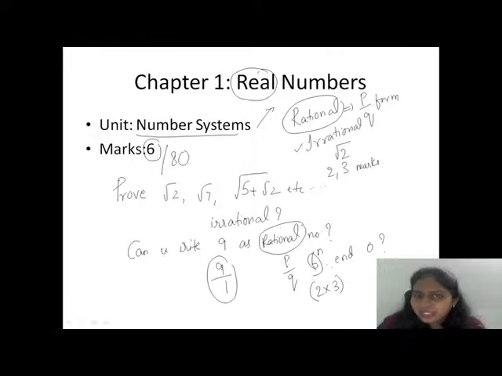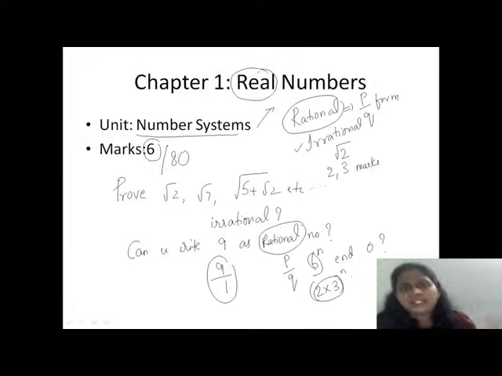So here is the trick. Whenever they ask you a question like, 6 power n end with 0, I can write 2 into 3 whole power n. Yes. So whenever a number is written as 2 into 3, then happily you can say yes, it can end with 0. Done. Real numbers comes for 6 marks.